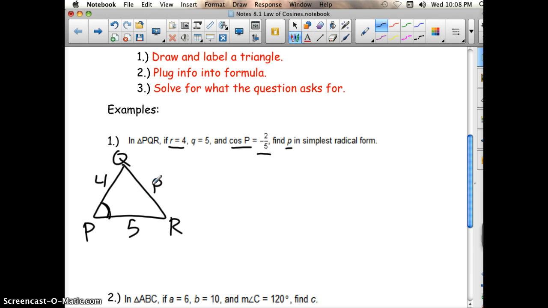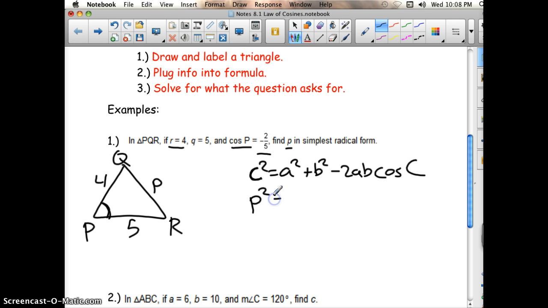The law of cosines always has one angle that we're dealing with. The side across from that is the one that's sitting by itself in the law of cosines. Reminder: c squared equals a squared plus b squared minus 2ab cosine C. The loneliest side is this c sitting here by itself, the one across from the angle that we're going to use.